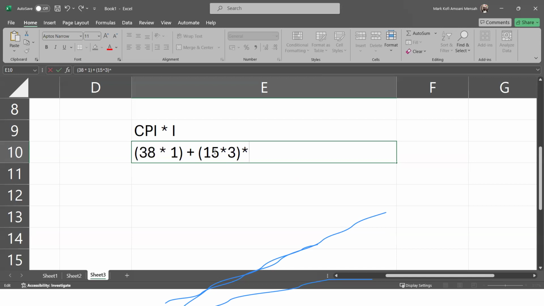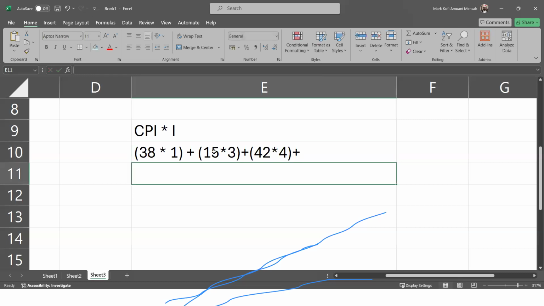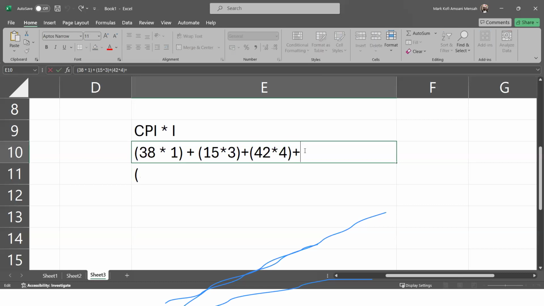Then go and add the multiplication of 42 times 4. Then go and add the multiplication of 5 times 5.